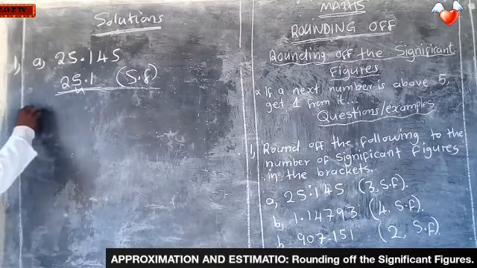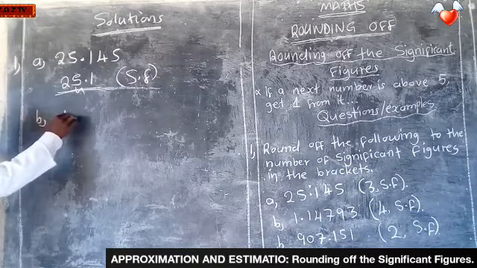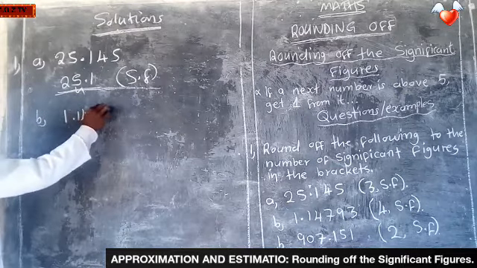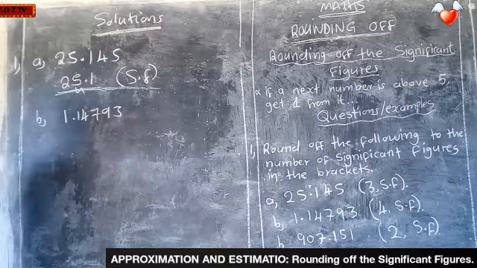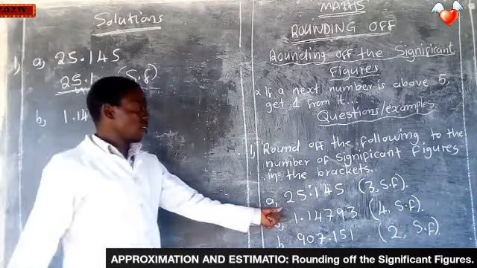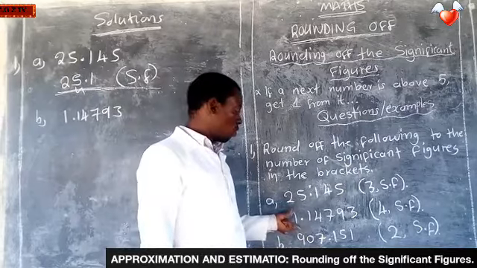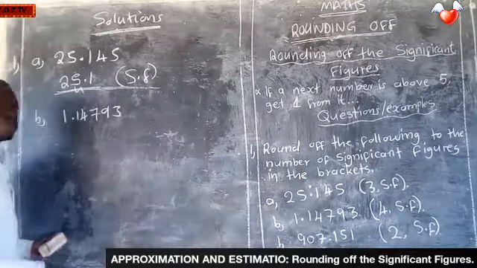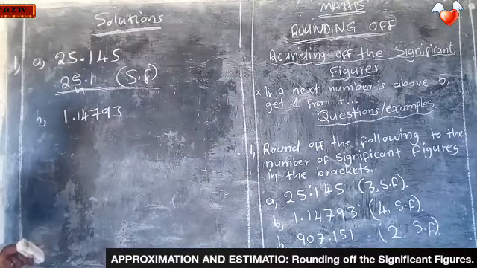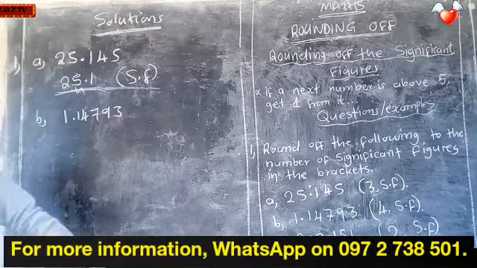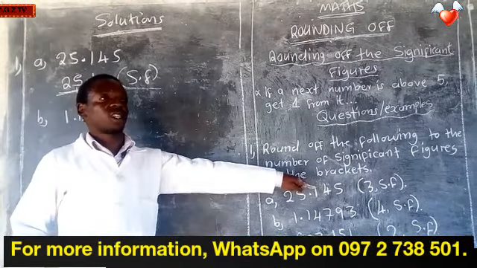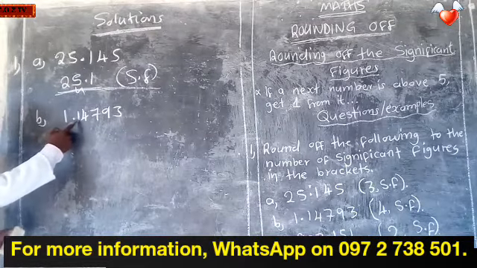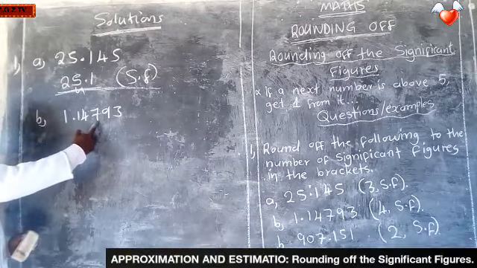Secondly, B is 1.41793. Here, the condition says we should round off this number to 4 significant figures. So the first numbers are 1, 2, 3, 4.